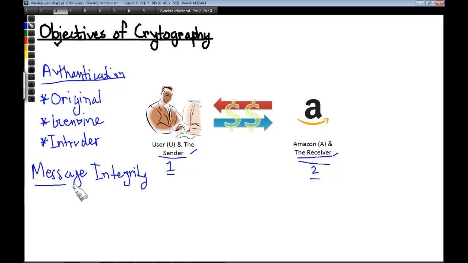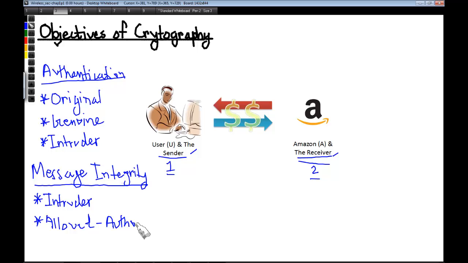So message integrity is quite similar to authentication, except that only authorized personnel should have the authority to manipulate the message, and the intruder should not have the ability to concoct or corrupt the message. So in this case, the intruder is left out and only the authorized person is allowed to manipulate the message.